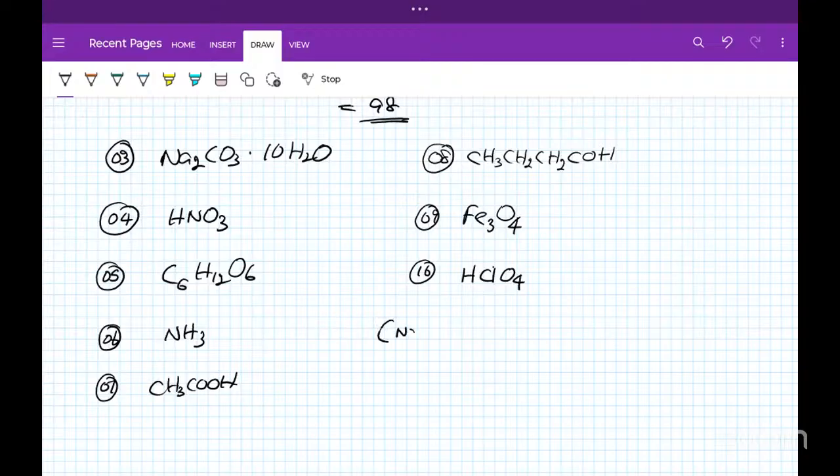I will give you the relative atomic masses, otherwise maybe you can't remember some. Write this down.